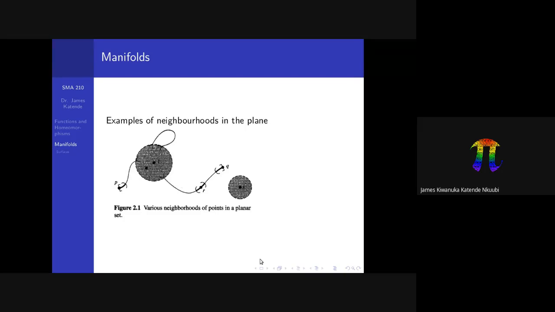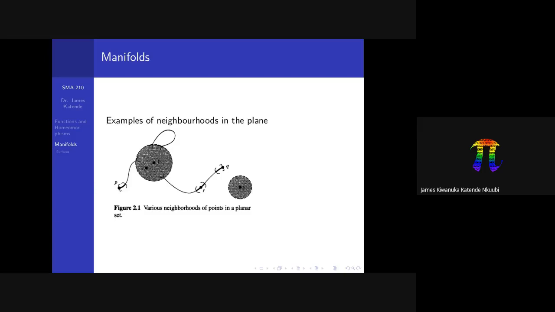So let's look at them carefully. If you look at this point P on the end, if you want a neighborhood of P, you need to look for all points that are within a fixed distance from P. The points cannot be outside our set. Our set simply consists of the points on the curves and these 3 isolated points.